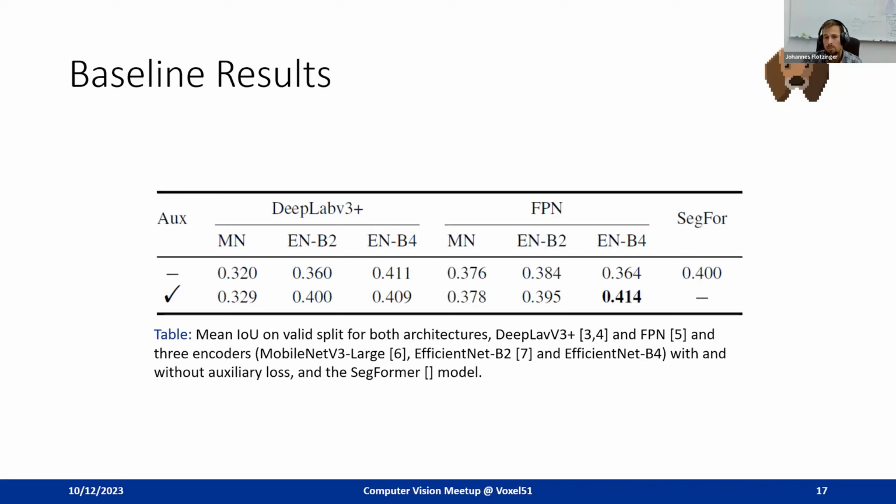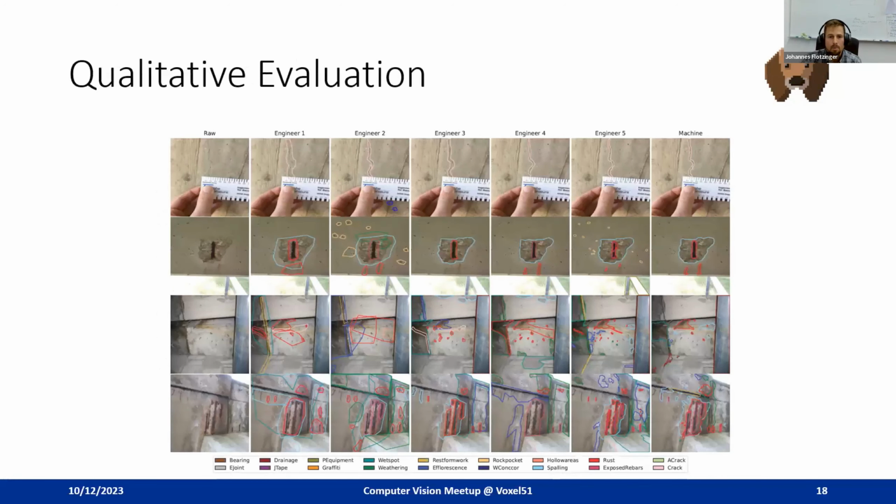And the best performance was obtained by the feature pyramid network, as you can see, in combination with the EfficientNet B4 encoder, with a mean intersection over union of 0.41. But we also did a qualitative evaluation, especially suited for practitioners. We asked 5 civil engineers to annotate 4 representative images from the DACL10K test split.